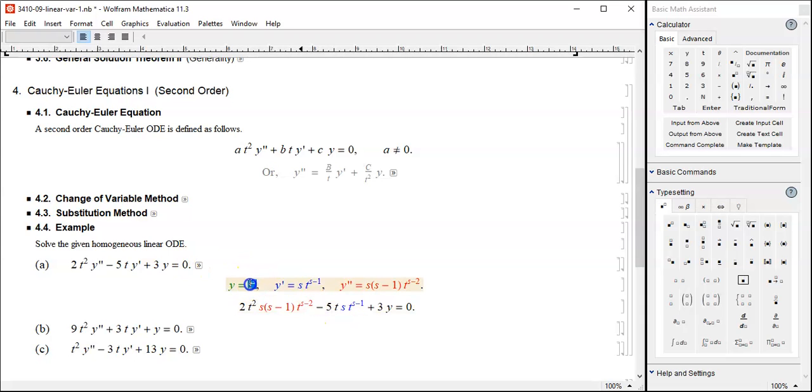And then t to the s power is going to go to y. So this original equation became this because of this substitution. y is t to the s power. Okay?